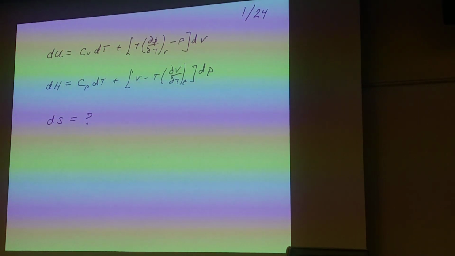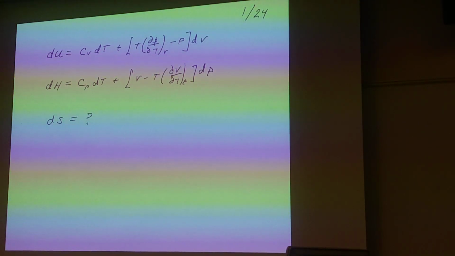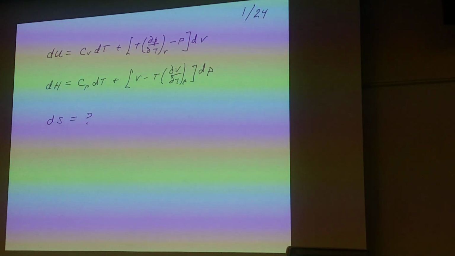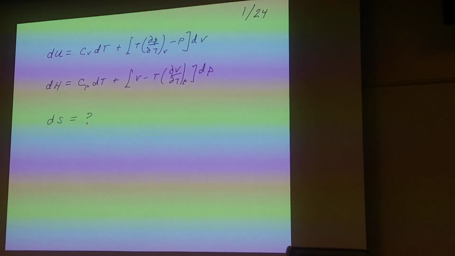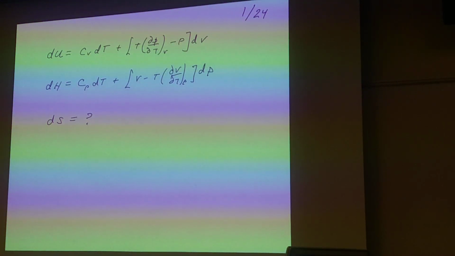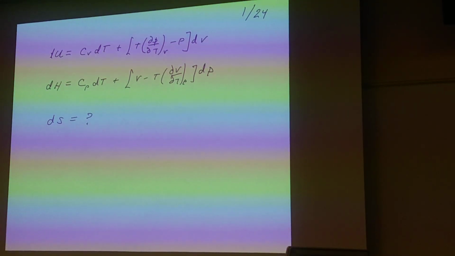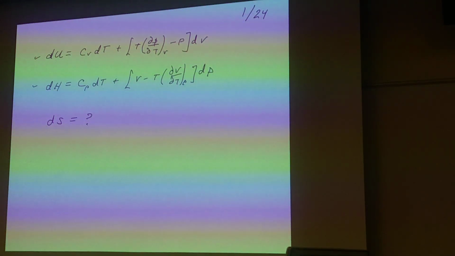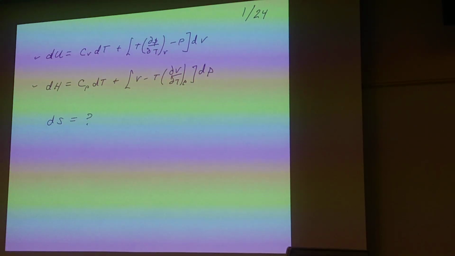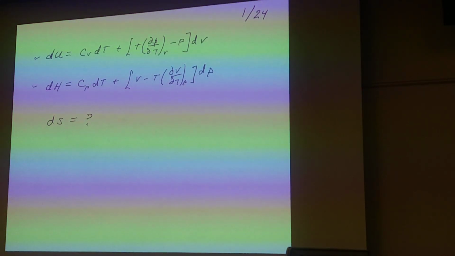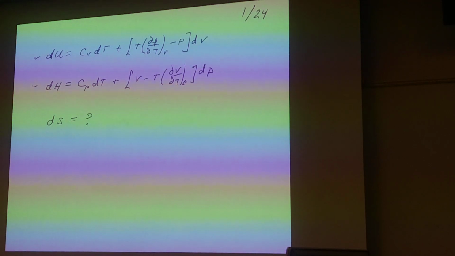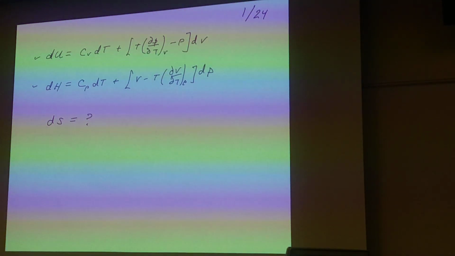Where we were was we had used the mechanism of reducing derivatives by building derivatives out of the fundamental equations and using the exactness of those equations to get a couple of very useful expressions for du and dh. So I list them there. But what about the expressions that we might have for ds? We can get at them by rearranging the fundamental equations to be explicit for ds.